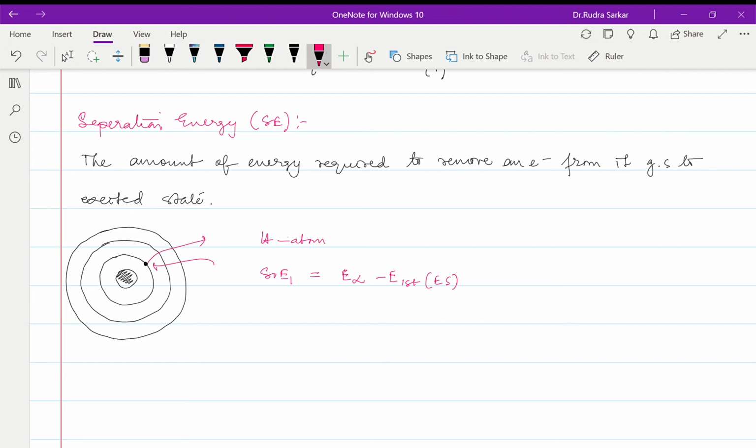And this is nothing but E infinity minus E2. So let's call this the amount of energy required to remove an electron from its excited state, not ground state, okay? Only excited state.